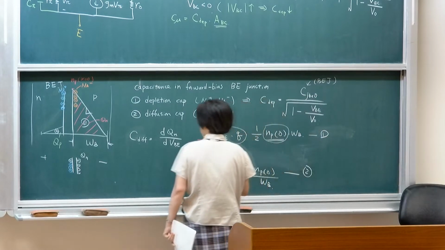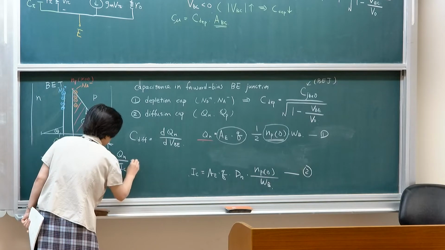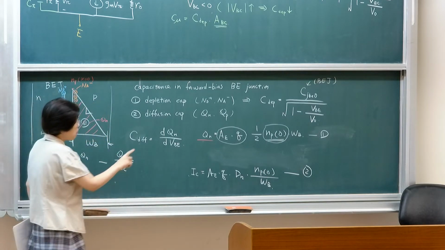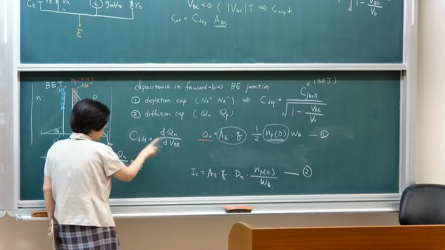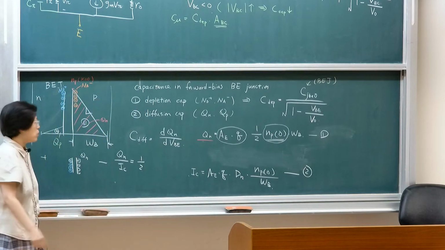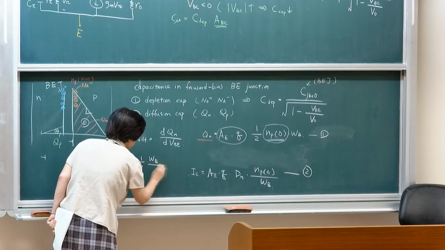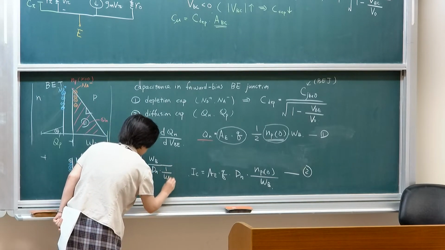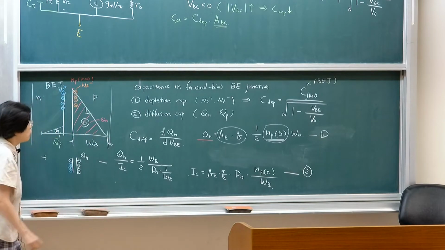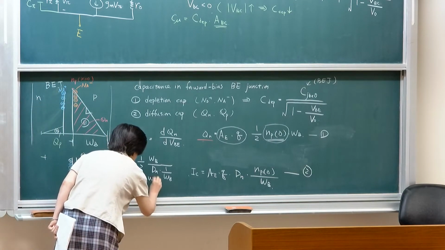Qn divided by IC gives me 1/2, equation 1 over equation 2, so this will be WB over Dn times 1 over WB. You simply divide the two, and this can be rewritten as 1/2 WB squared over Dn.